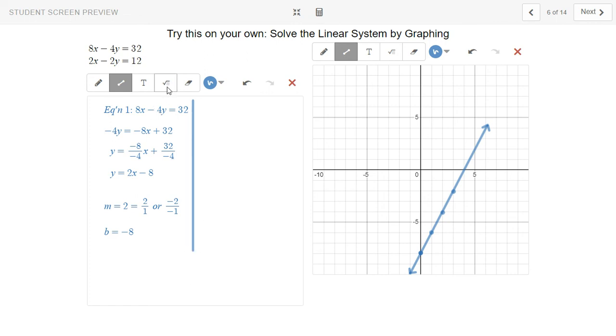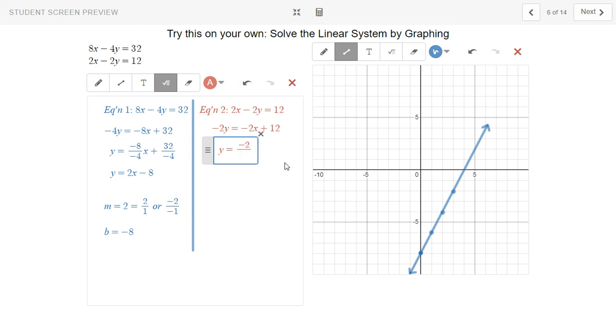Our second equation, we have 2x minus 2y is equal to 12. Let's rearrange. So negative 2y equals negative 2x plus 12. Let's divide each term by negative 2.